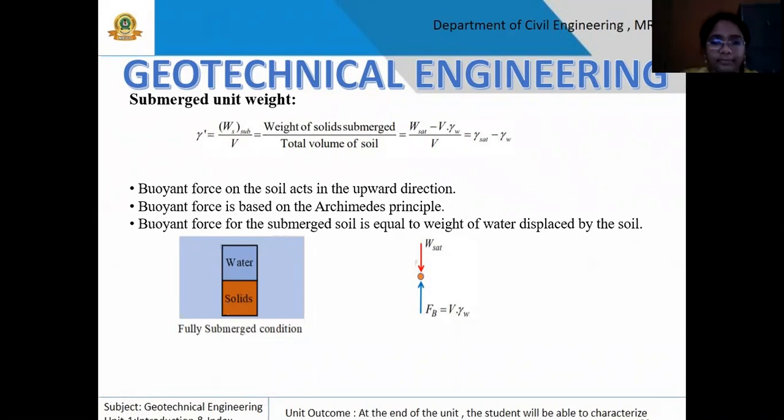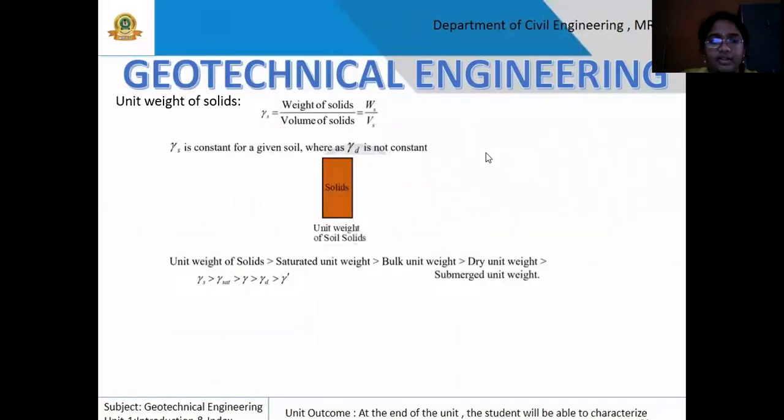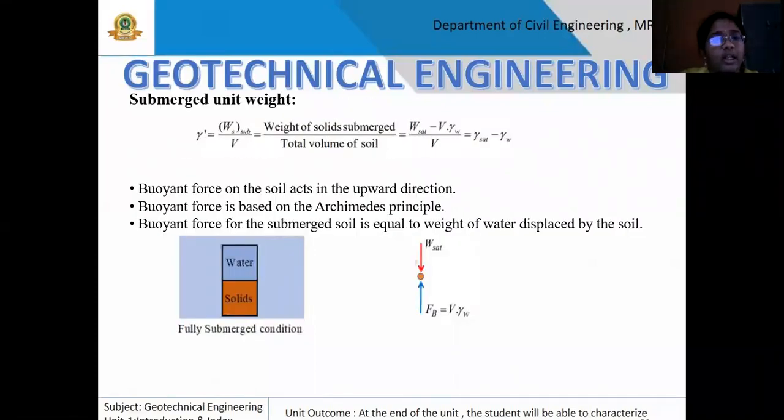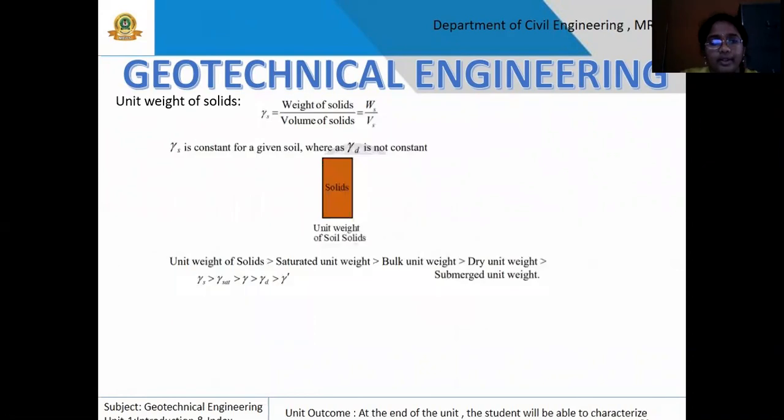So that is how we find submerged unit weight. In this, we use the principle of Archimedes, like using the principle of buoyant forces. So unit weight of solids, gamma s, is equal to weight of solids by volume of solids.